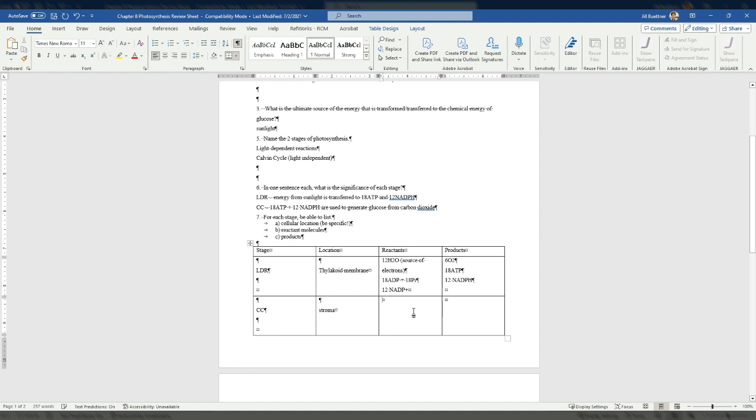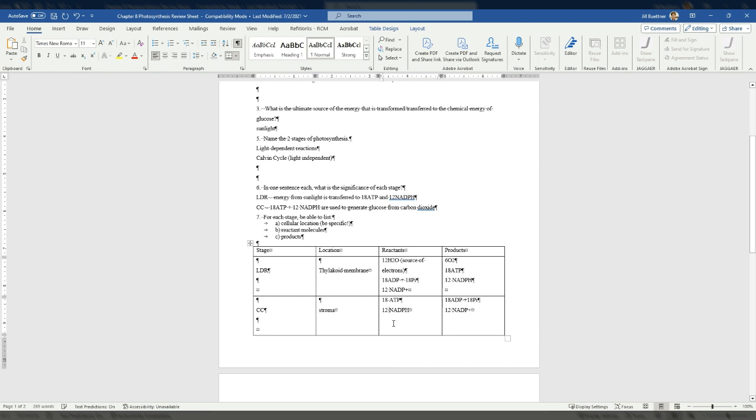In the Calvin cycle, the 18 ATPs and the 12 NADPHs that we just made get used up, so they get converted back to 18 ADPs and 18 Pi. And 12 NADPHs end up as 12 NADP+.